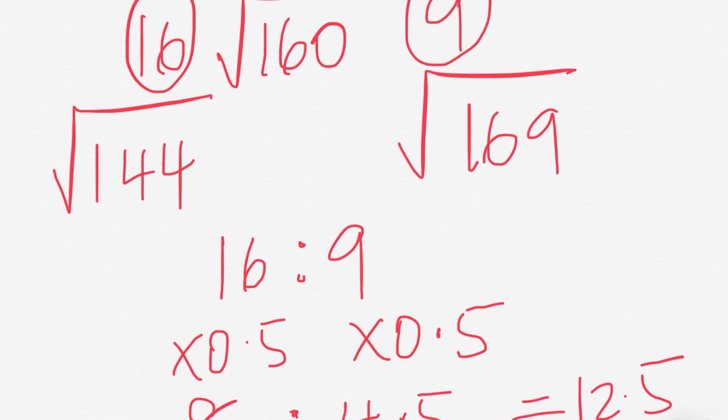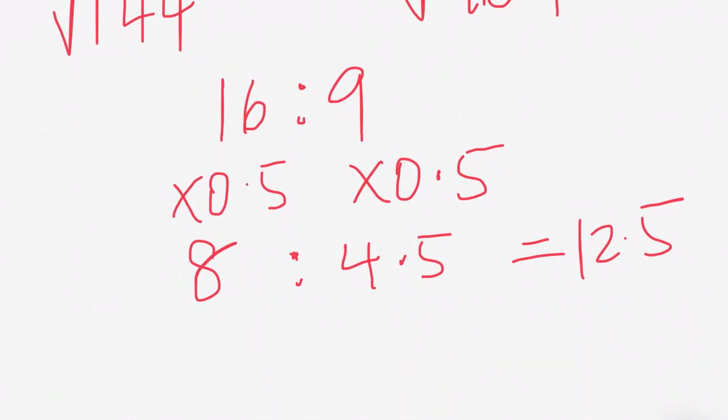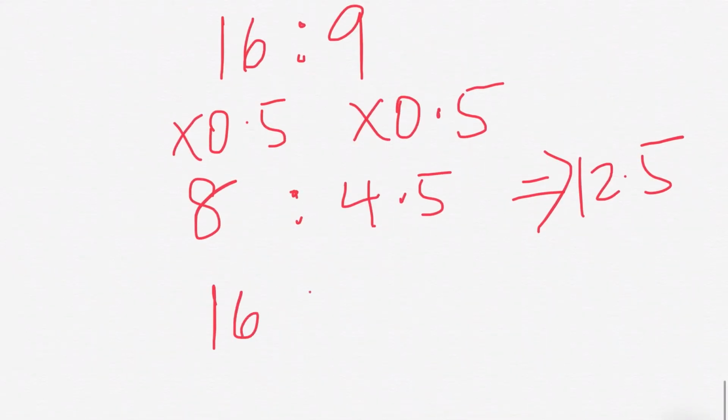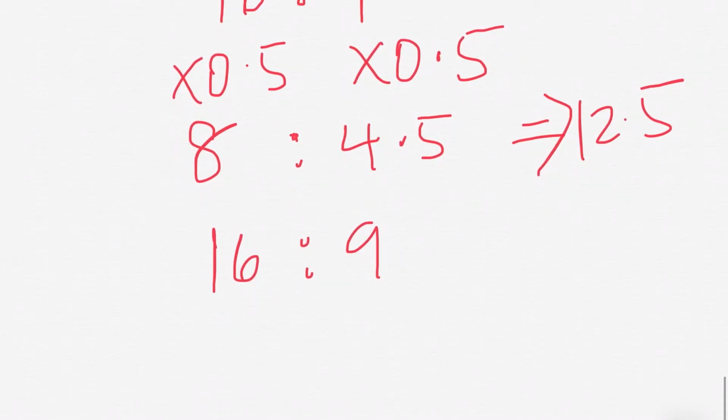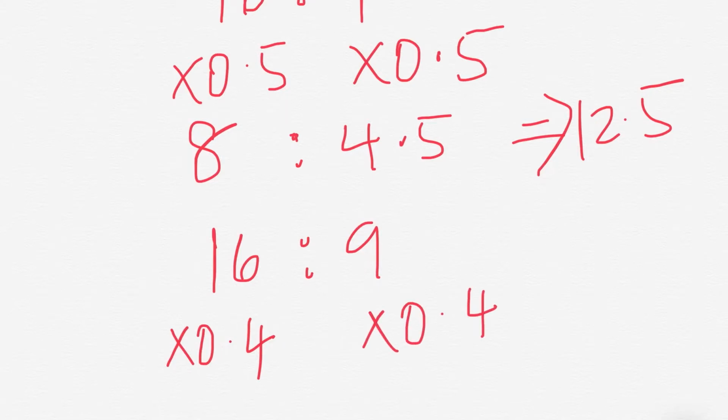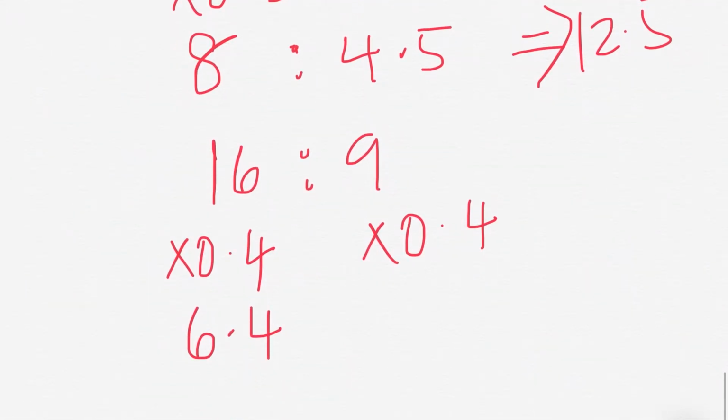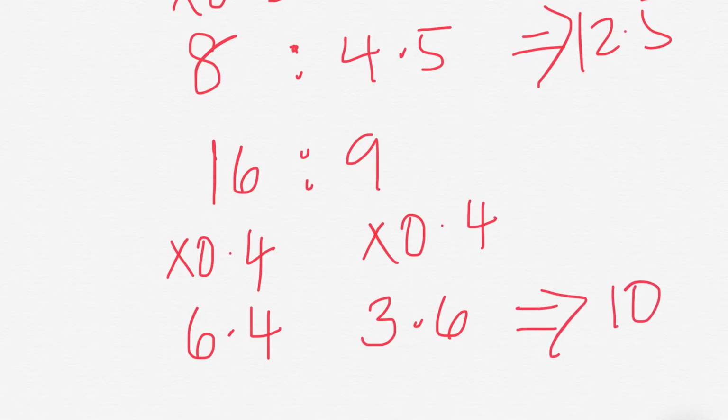But what we require is it has to have a total of 10. So we will go further and take 16:9 and multiply 16 with 0.4 and 9 also with 0.4. This will give us 6.4 and this will give us 3.6, which ends up as 10.